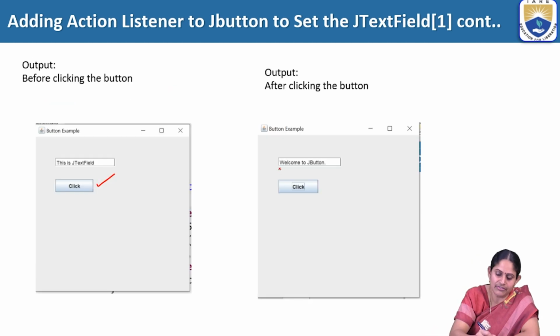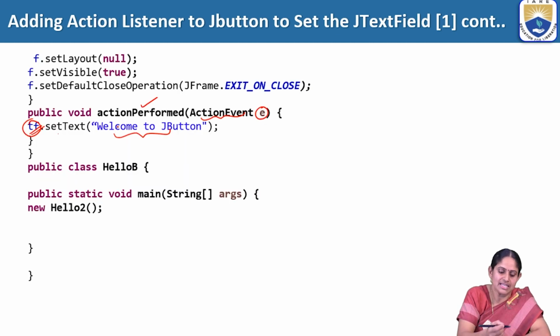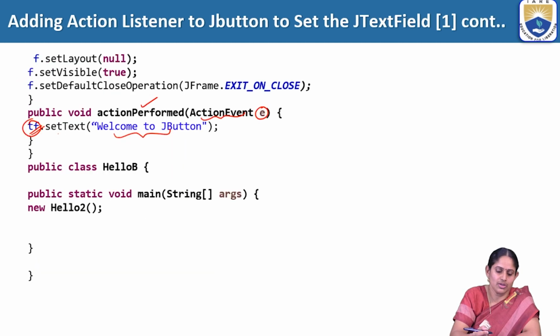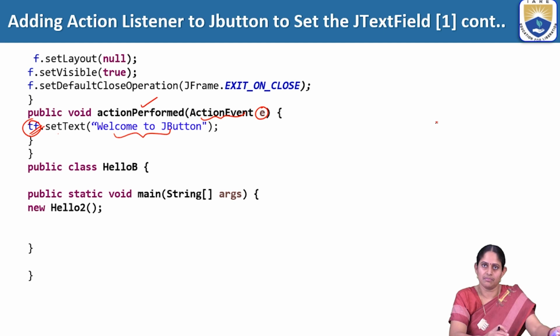So here we have this string placed when we press the button click, basically adding an action listener to a button. The class we have is implementing the ActionListener. In this case, we have two components, the JButton and the JTextField, and when this button is pressed, an event is created and registered with that button.